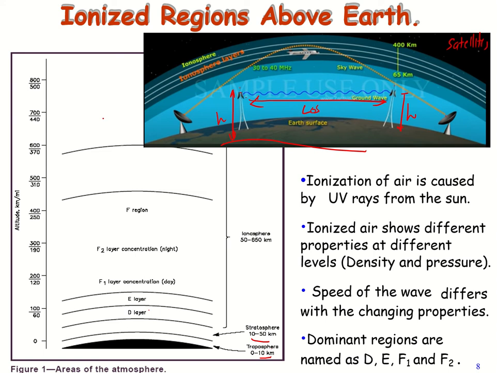So what is actually happening above the earth's surface is that we have the ultraviolet rays, the sun rays, the cosmic rays. When these rays are coming towards the earth, near the earth we have the air particles.